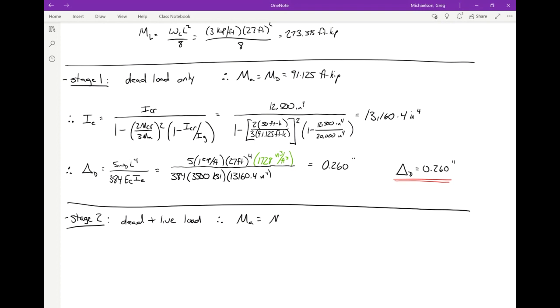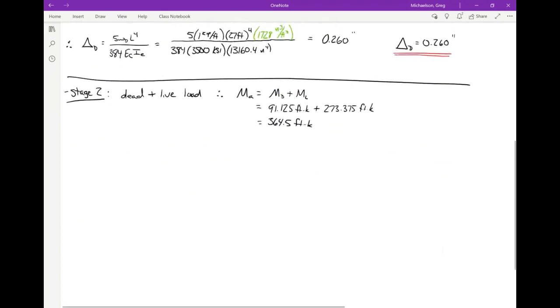Now MA is MD plus ML, which is 91.125 plus 273.375 foot kips. When you add these two, you get 364.5. That's where I got that number before. I was jumping ahead.